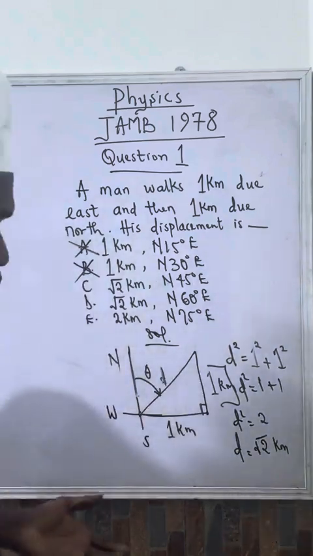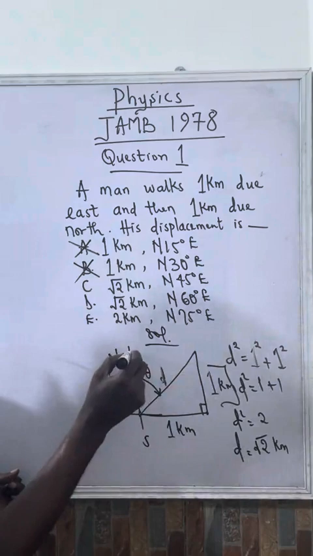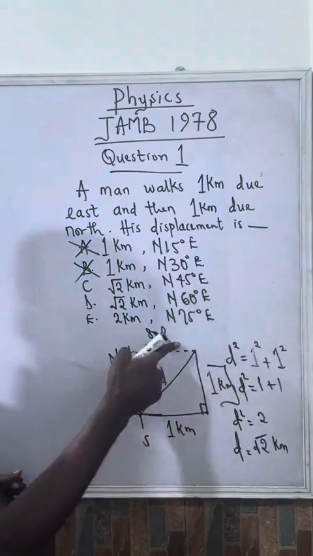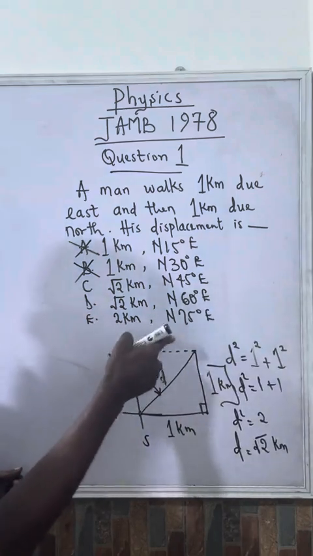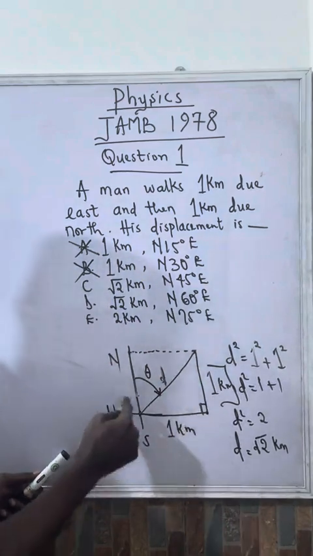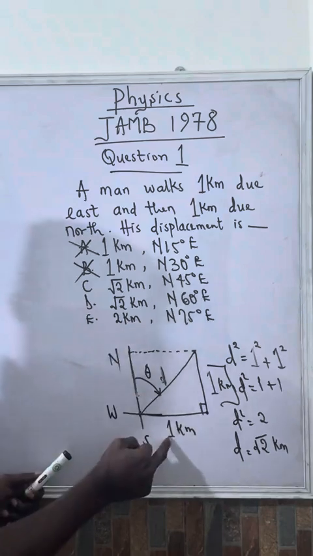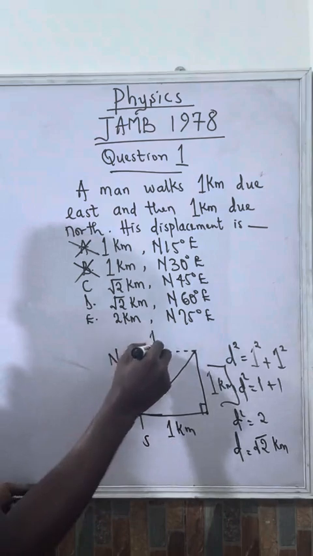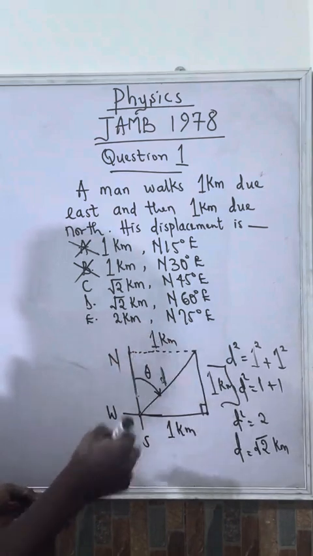In order to know that, I can quickly make some construction. Let me join this to this. Over here, you will see that this is now forming a square. If this side is 1 kilometer, then here too will be 1 kilometer.